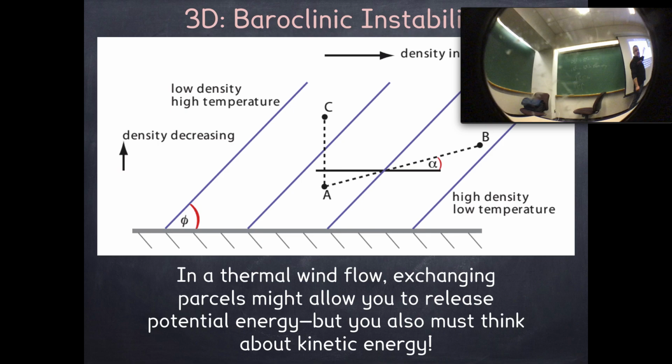What about if I could somehow manage to swap B and A? Is B more dense or less dense? More dense. And which one is higher up?